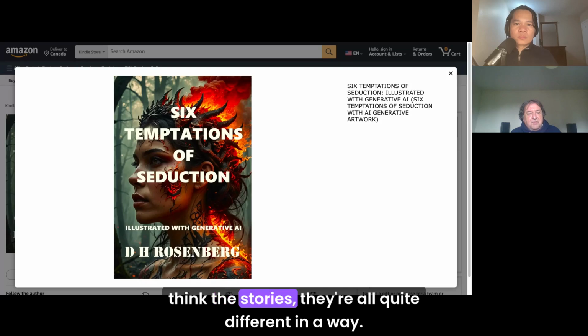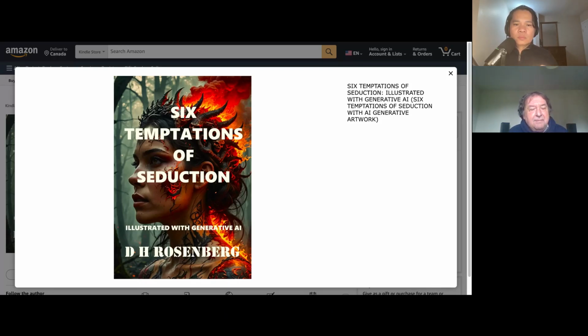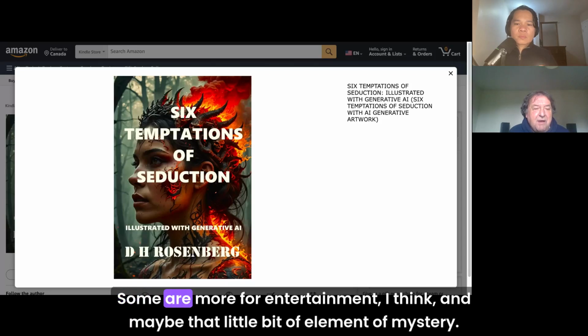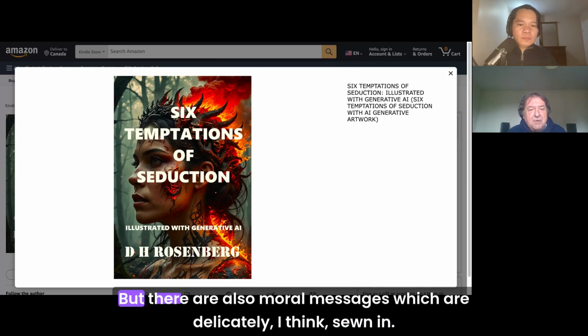I think the stories are all quite different. Some are more for entertainment, and maybe have that little element of mystery. But there are also moral messages which are delicately, I think, sewn in.